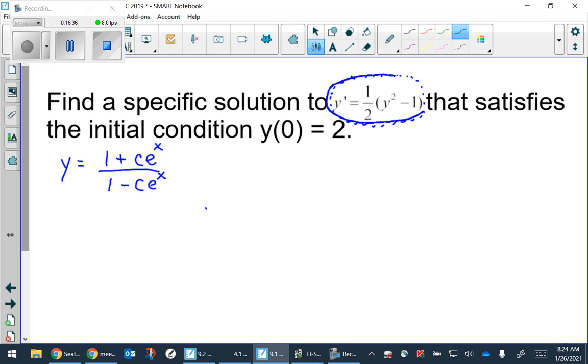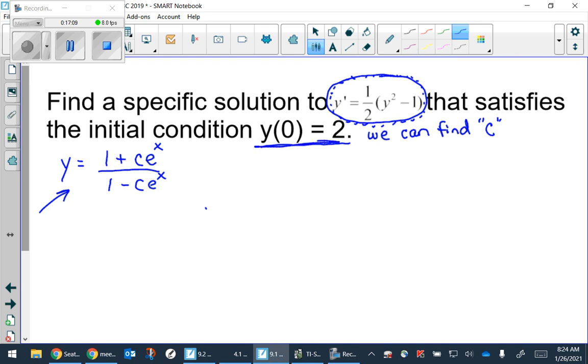That is a family of solutions. But what we'd like is to find C. If we are given an initial condition, we can find a specific solution. And so when you're given an initial condition and asked to find a specific solution, that means this is your answer right here. You're just not going to have a C. You're going to have some number.